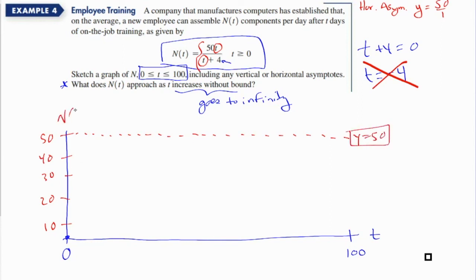And this is our n of t, which is the number of components at time t that a new employee can manufacture. So now we just want a couple of points between 0 and 100. So n of 0, if we plug in 0, we get 0 over 4, so that's 0.